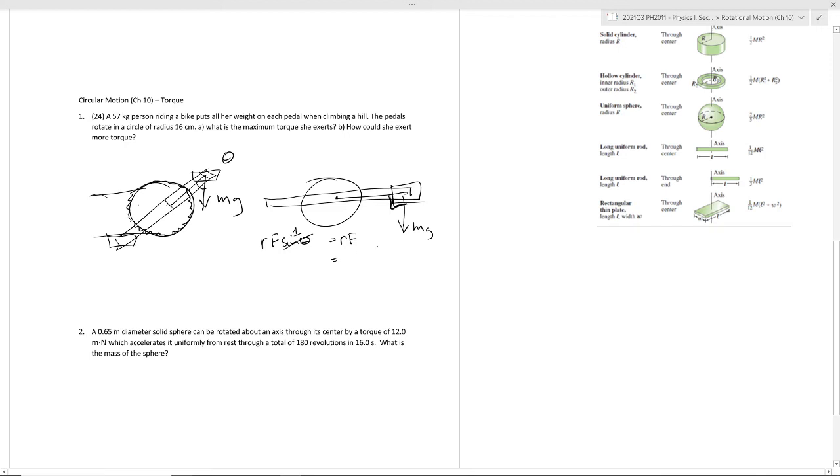We can put our numbers in here: 0.16 meters times the mass of 57 kilograms times 9.8. Multiplying this together, we find that this is 89 Newton meters.